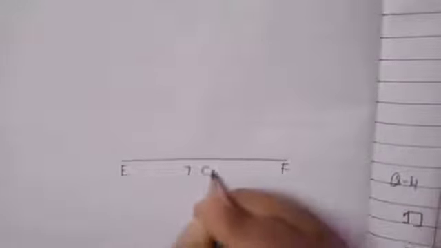Now number 5, 7 centimeters. So we have to draw a radius of 7 centimeters, from 0 to 7. We will give the name, 7 centimeters.